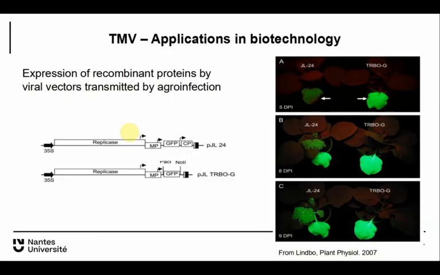So here's the experiment. We've got the analysis of green fluorescent protein expression at 5 days, 8 days, and 9 days post-infection. Here's the injection site on the 2 leaves. You can see that the JL24 has a whole genome.